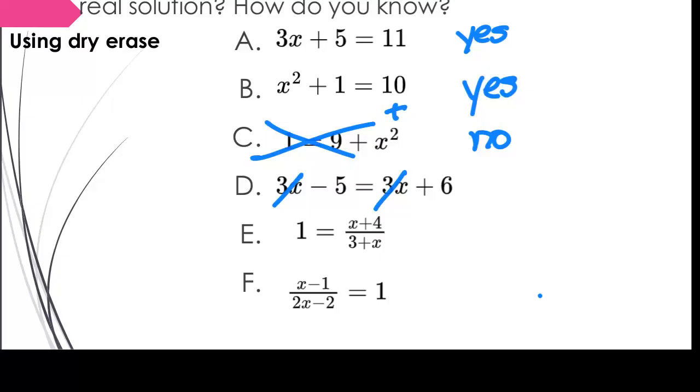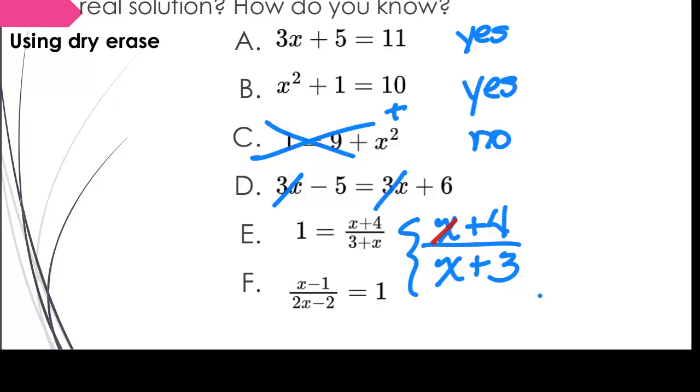Why not? What if I turned it around to like that? Does that make it a little bit easier to see? If you take away an x amount from both sides, you're... Yeah, what? It could? Why?